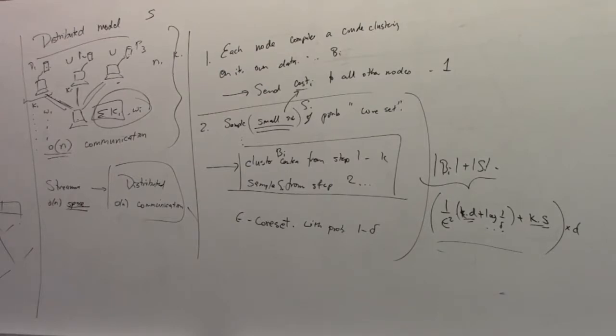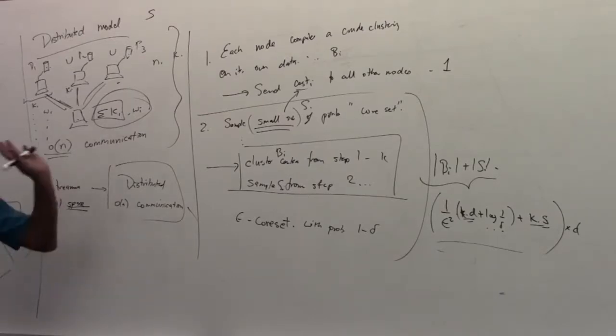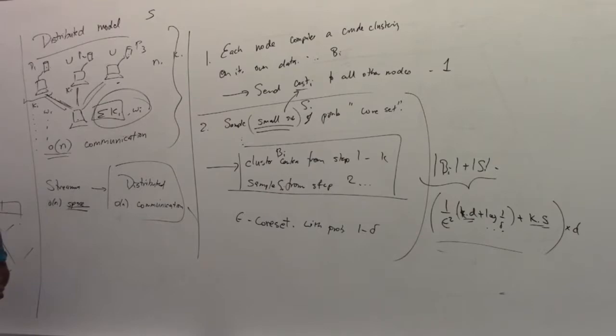I mean, you need some constant approximation, but you don't need much else. Any constant approximation to the clustering model, of which we've seen a few so far. So any questions so far about how this works?